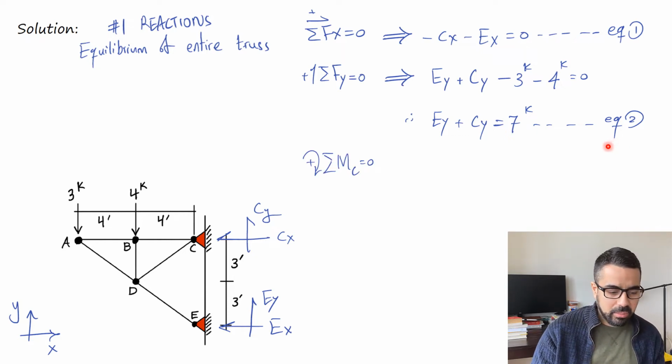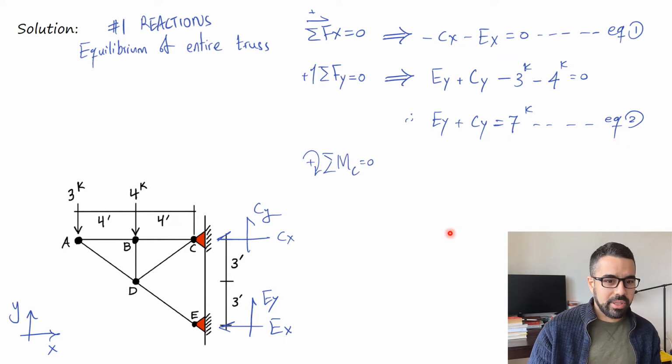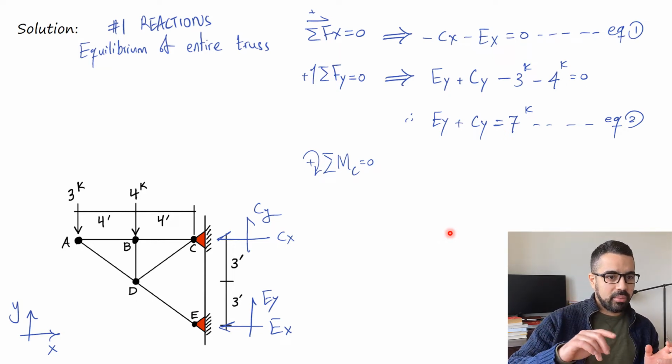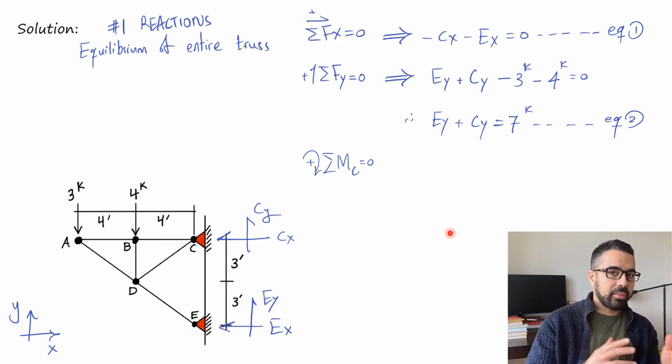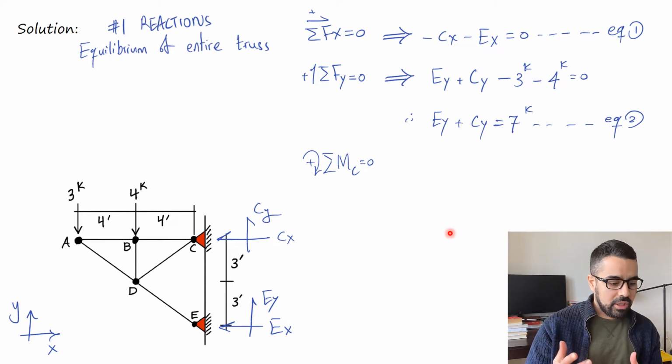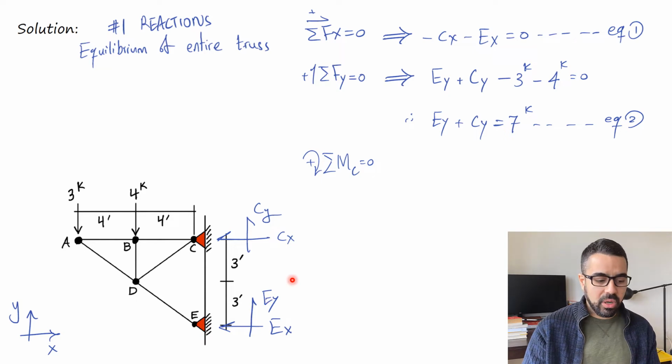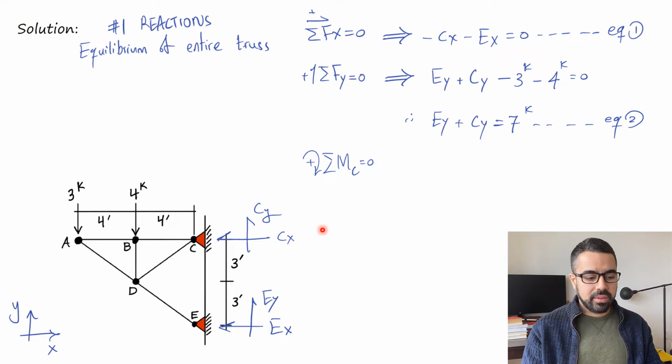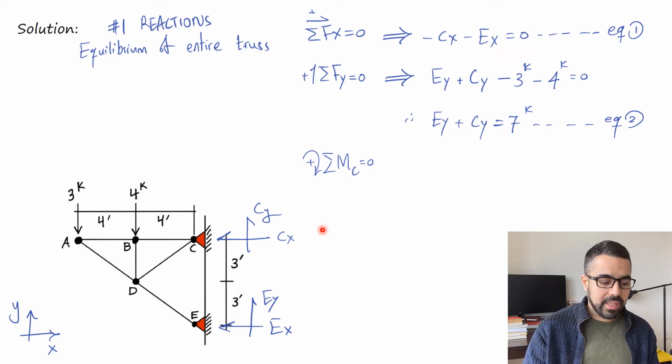When it comes to the summation of moments, it doesn't matter where you take it, but always keep in mind you want to take the moment where you can eliminate as many forces as possible. If you put the moment at E, it will be good as well, because you will eliminate two forces, EY and EX, from your equation. That will make it easier to determine CY and CX.